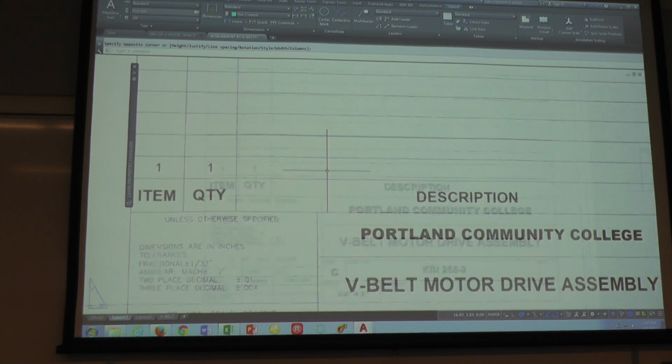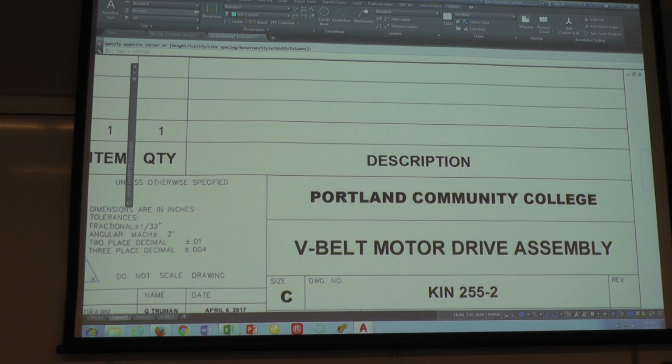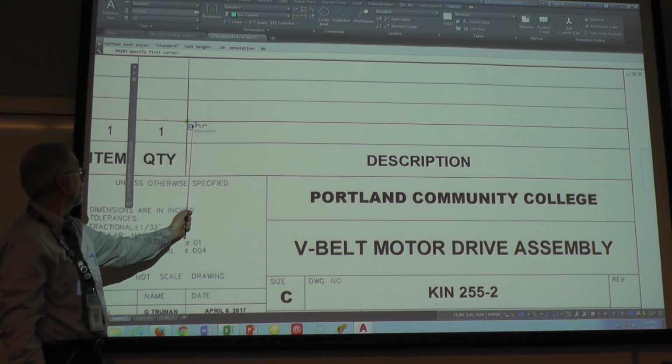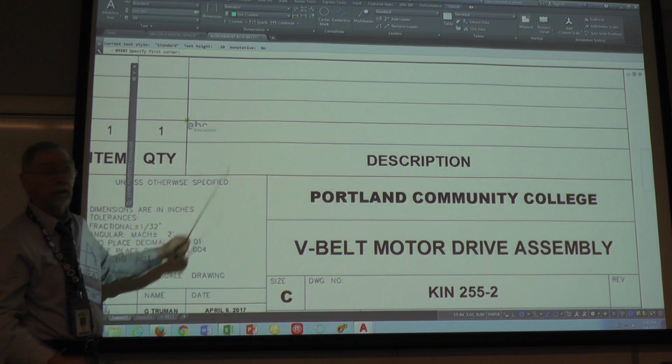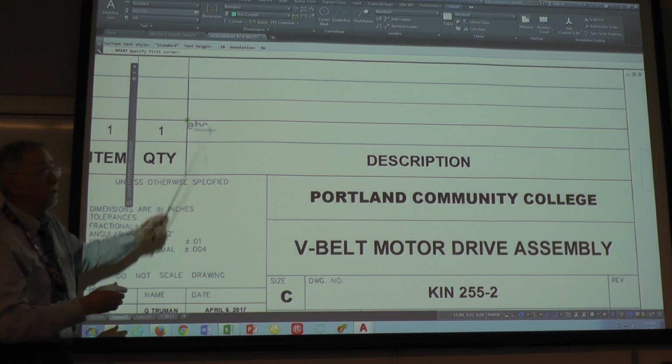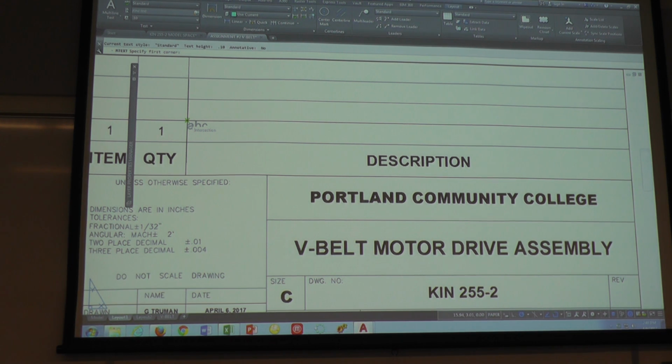And then the description down here, I'm going to do multi-line text. If I click on this corner right here to start with, then the text is going to end up right on that line. And I want the text to be at least 1/16 of an inch over as a margin. So I'm going to hover and use my object snap tracking mode to put that text in.